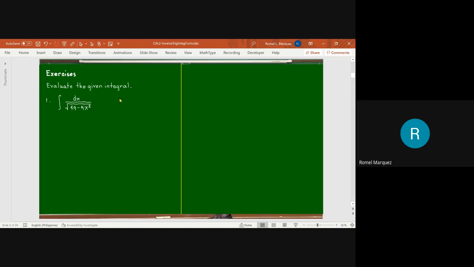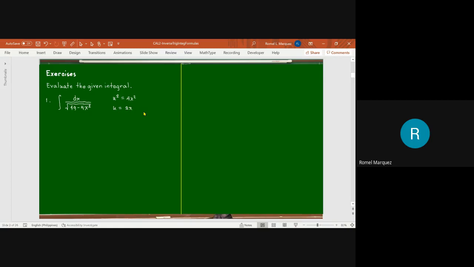Okay? So let's check. My u is, actually u squared first, is equal to 4x squared. So what is my u here? I get 2x. So get the positive coefficient, not the negative 2x, but the positive one.